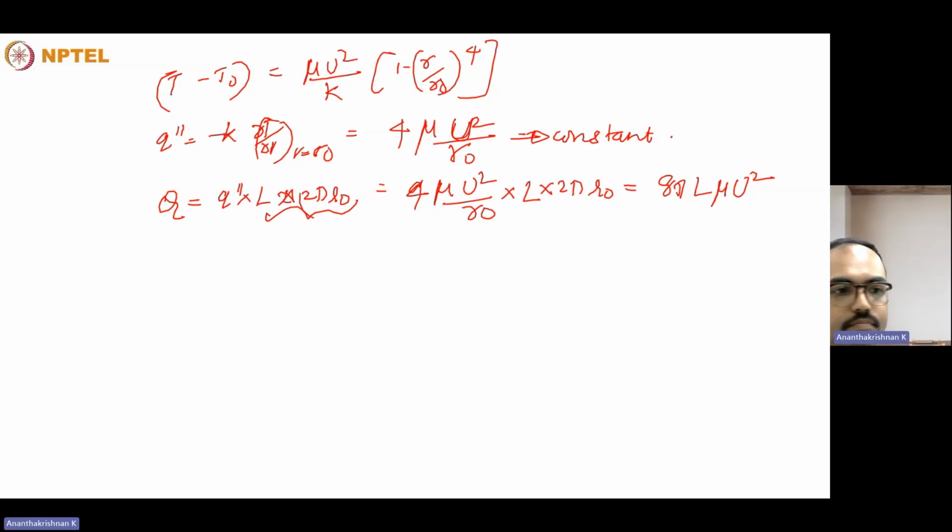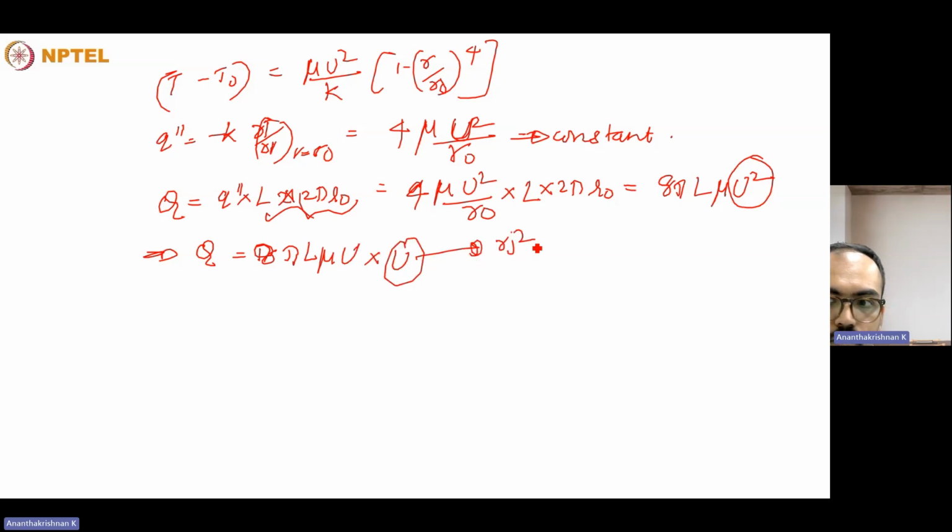So we can make some manipulation, and we can use the equation of the average velocity in terms of the pressure, and we can write q is equal to 8 pi L mu U into U, which can be written as r0 squared divided by 8 mu into minus dp by dx.